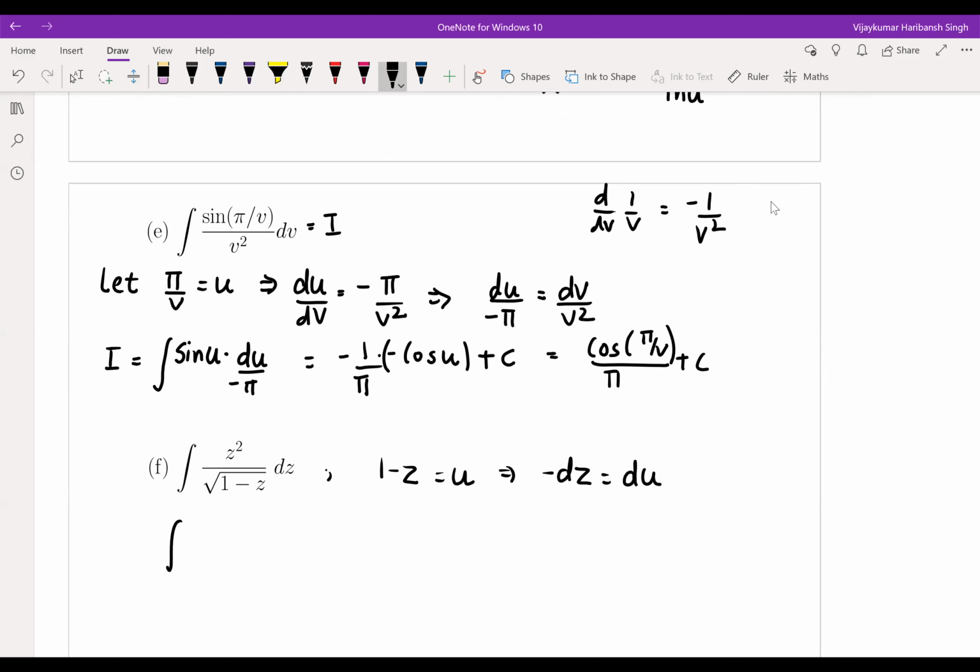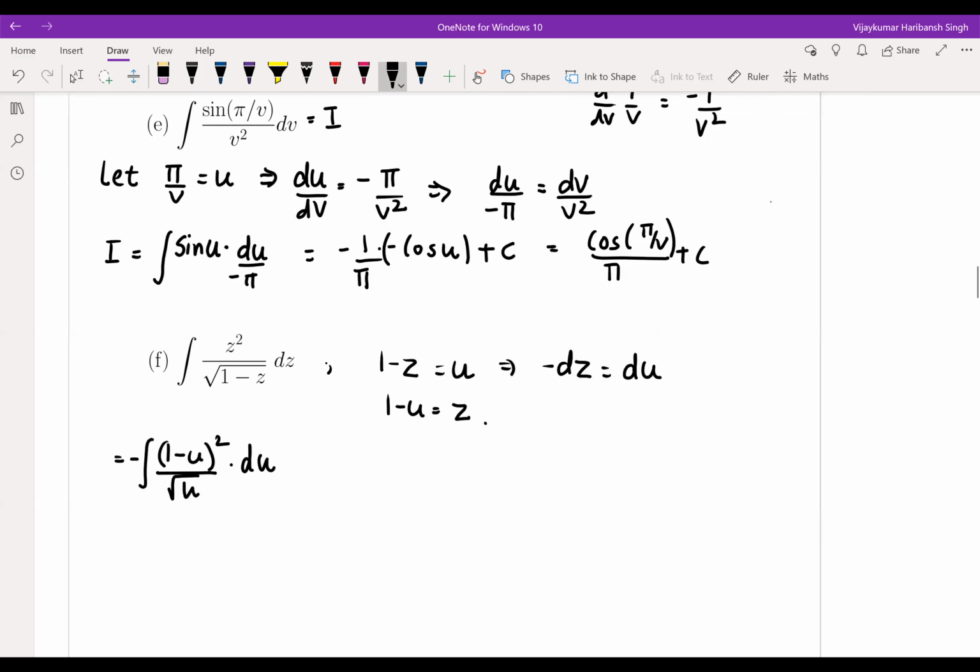So in this case, what is my z? My z is 1 minus u, right? So this integral is then 1 minus u square divided by square root of u, and instead of dz I'm going to write du, but with a minus sign, which I'll keep outside.